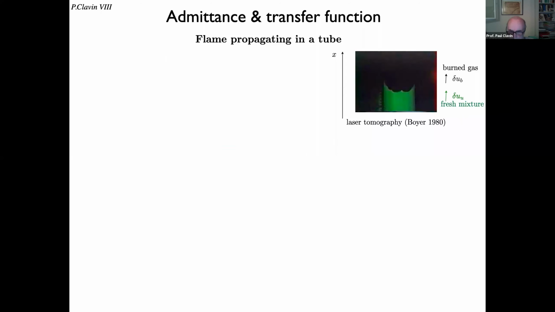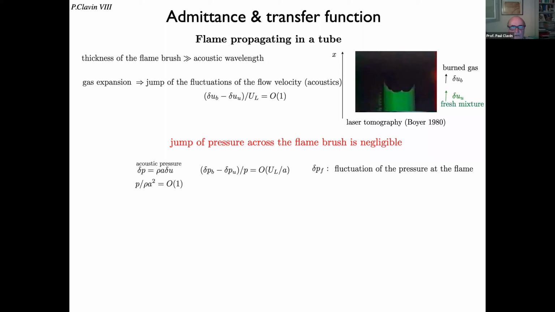Now, considering the pressure jump across the flame brush, the relative pressure jump is, in fact, of the order of the Mach number of the propagation velocity of the flame, that is, the velocity divided by the speed of sound.